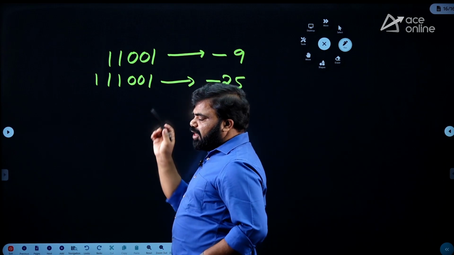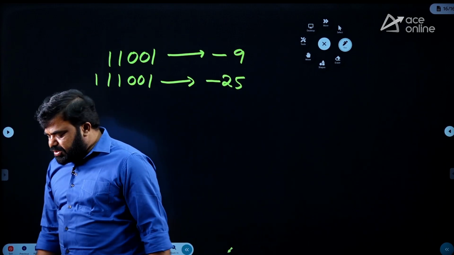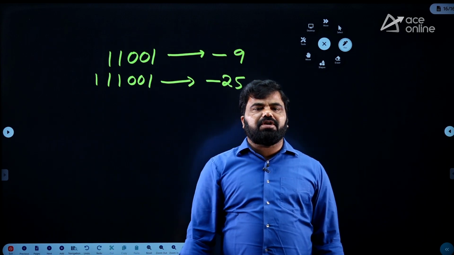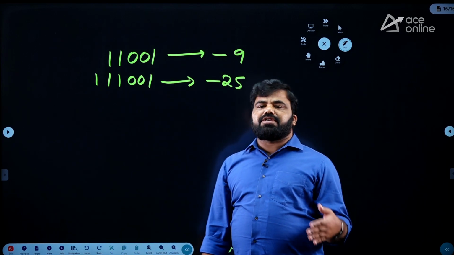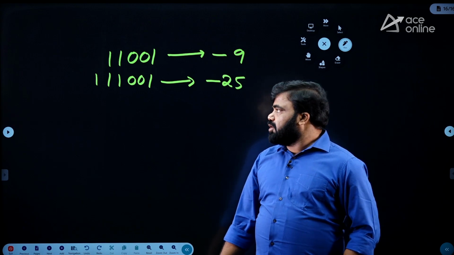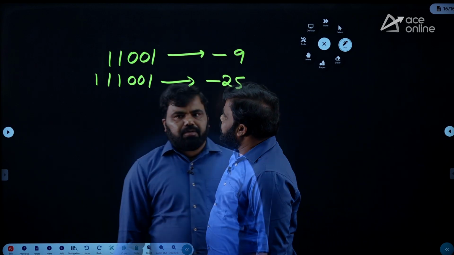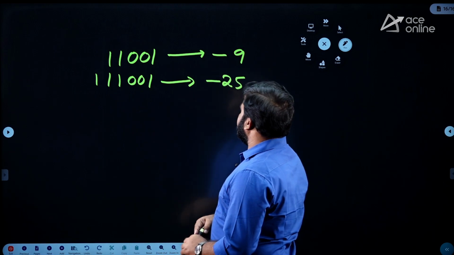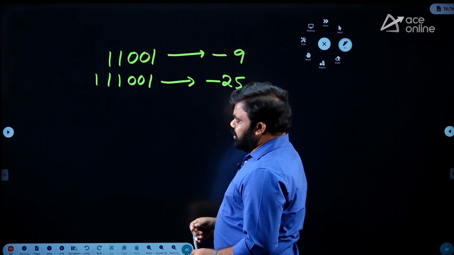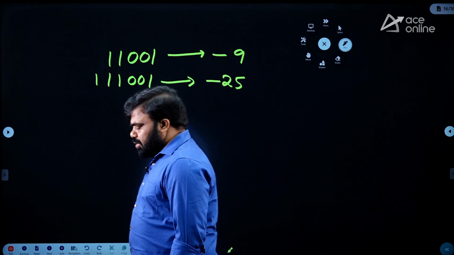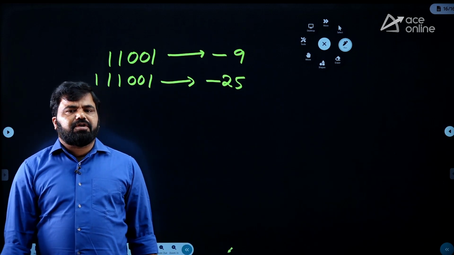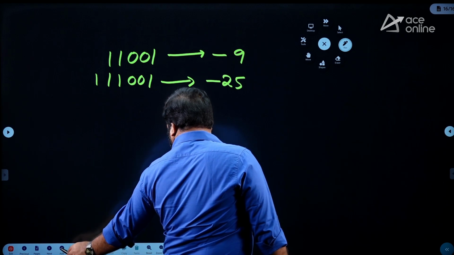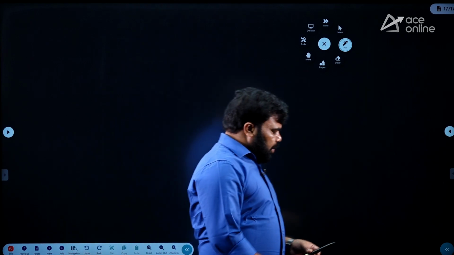When you are extending the MSB or sign bit, the value is changing. If the value is not changing, there we can say that sign extension is applicable. So sign extension is not applicable in signed magnitude representation. Now, that is representations.